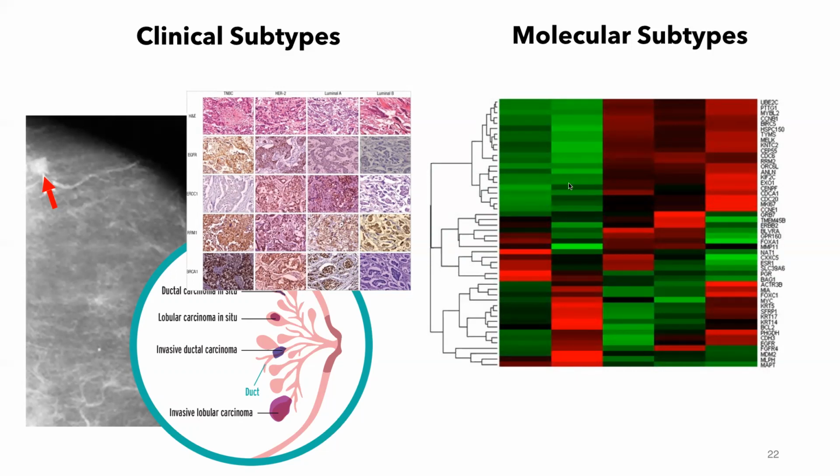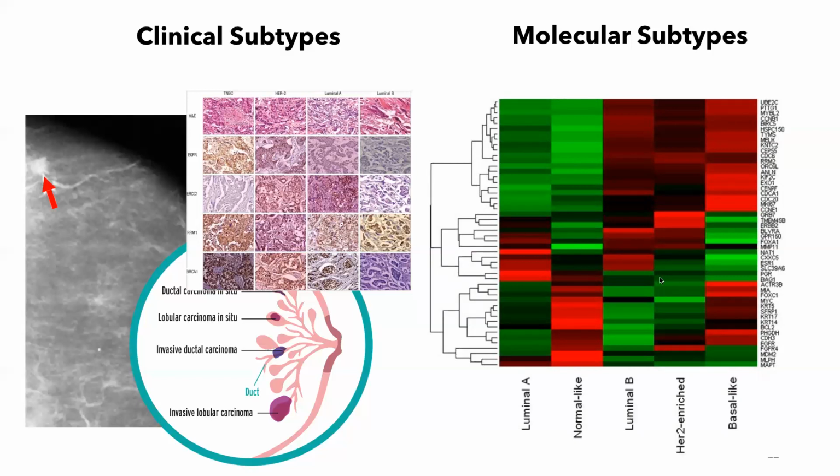So on the right here, we have our PAM50 panel. And here you can see that this is a panel of 50 genes that shows their expression. Unlike the gauge example that I gave you, this shows high expression in green and low expression in red. Remember that a PAM50 panel uses a 50 gene signature that can be tested using qRT-PCR, and that there are other types of panels.